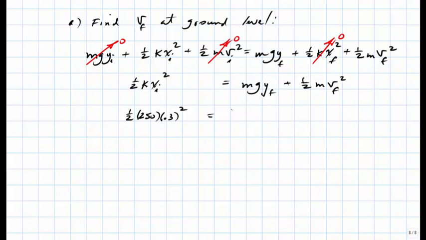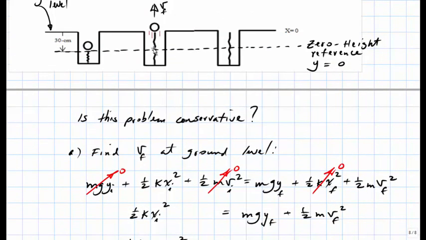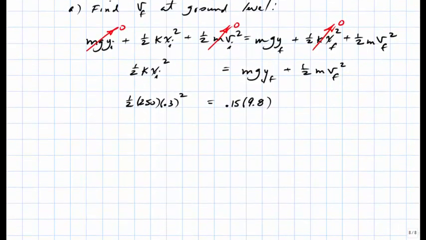Now note that 150 grams equals 0.15 kilograms. G, of course, equals 9.8, and the final elevation of the ball, as you can see, equals 0.3 meters, right? The ball is 30 centimeters above the zero height reference line. Therefore, its height is considered to be 30 centimeters, which will enter as 0.3 meters.